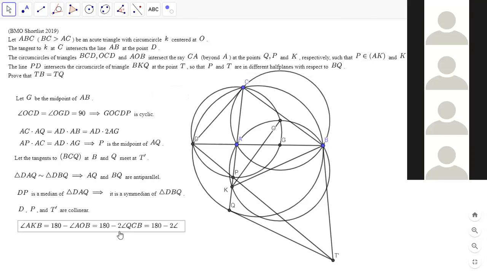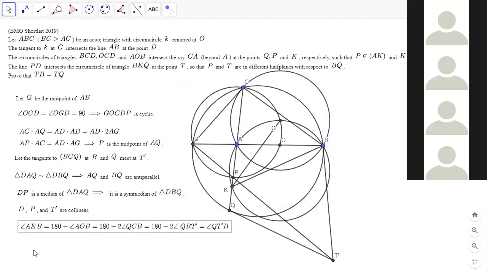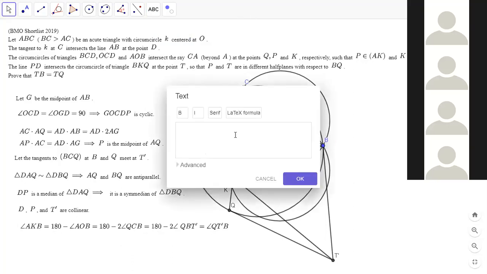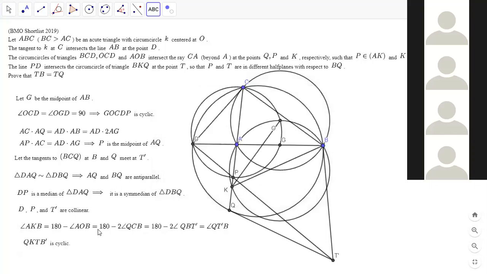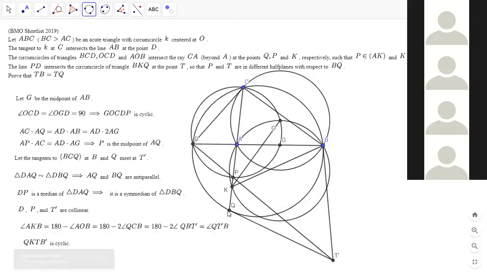Actually, QCB is just QBT prime, which is QT prime B. And so that means that QKBT prime is cyclic. And that means that T prime equals T, and TB is equal to TQ.